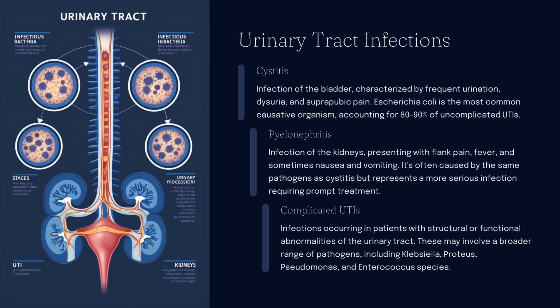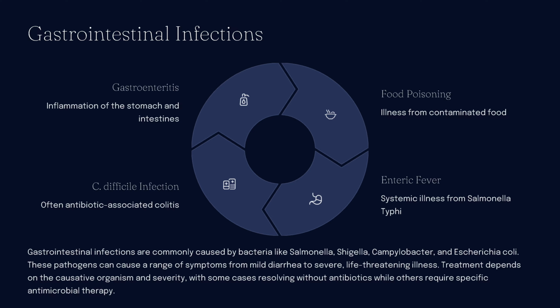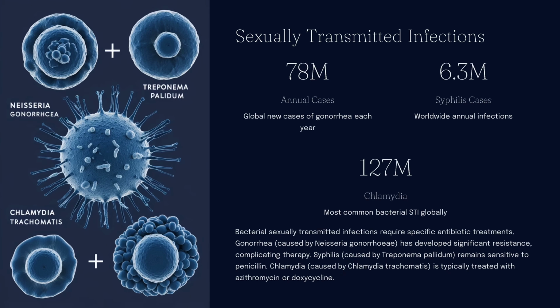Next is gastrointestinal infections, that is gastroenteritis and food poisoning, mainly caused by Salmonella, Shigella, and Campylobacter. Next is sexually transmitted infections, STI. The bacterial infections like gonorrhea, syphilis, and chlamydia are caused by Neisseria gonorrhoeae, Treponema pallidum, and Chlamydia trachomatis.